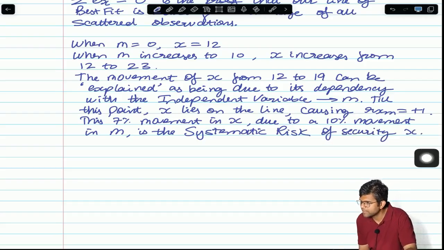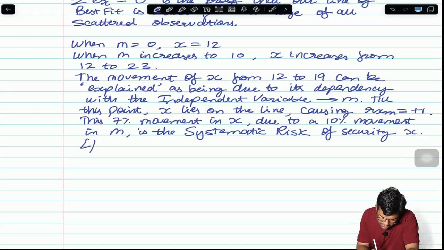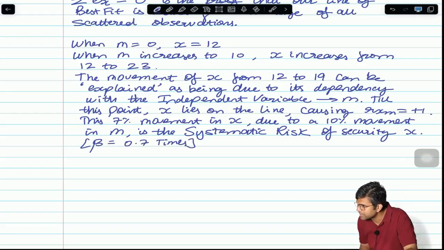A systematic risk of security X. I'll write in brackets beta equal to 0.7 times. Beta equal to 0.7 times we already have earlier. You understand now? Here I think you can see 7 and 10. Getting it now? 0.7 times.